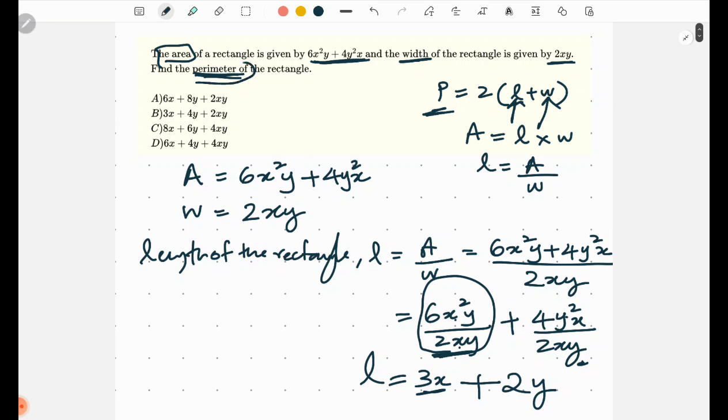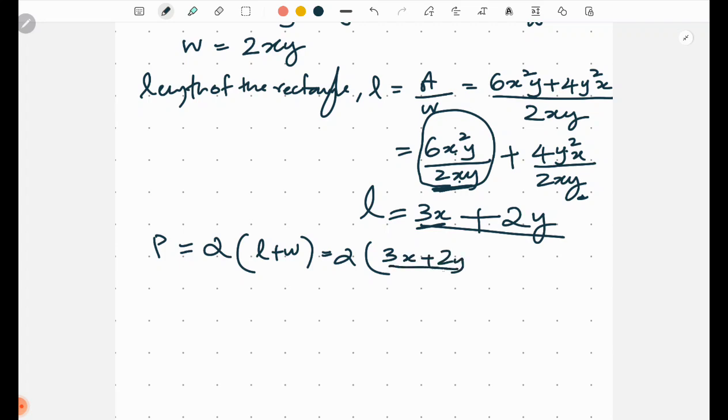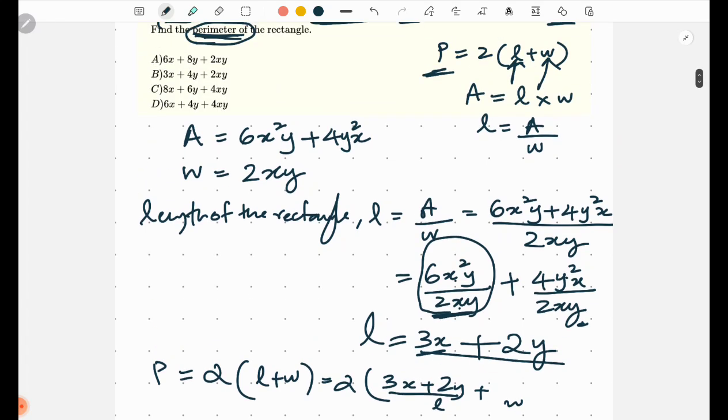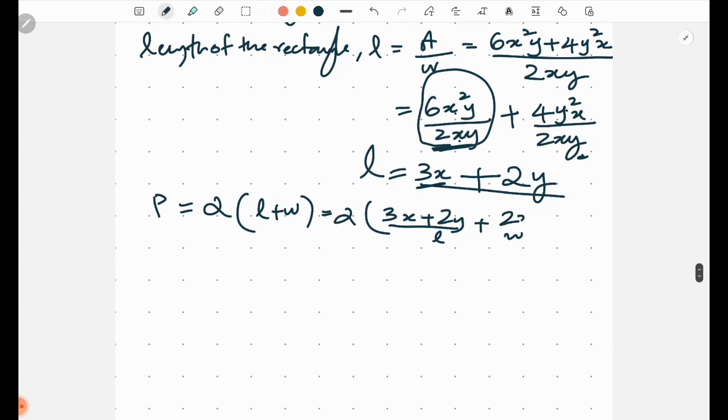So this is the length, but we are here to find the perimeter of the rectangle. The perimeter P is equal to 2 into (L plus W). L is 3x plus 2y, and W is already given in the question, 2xy.